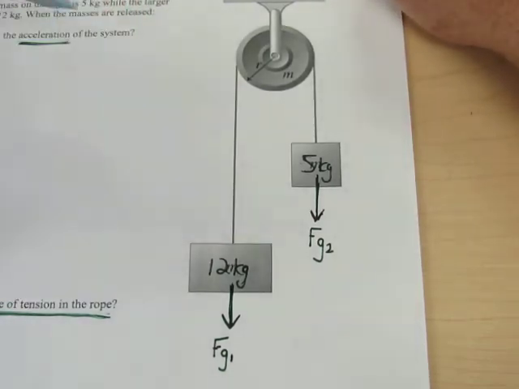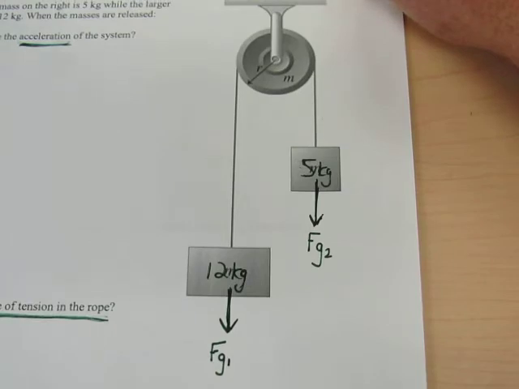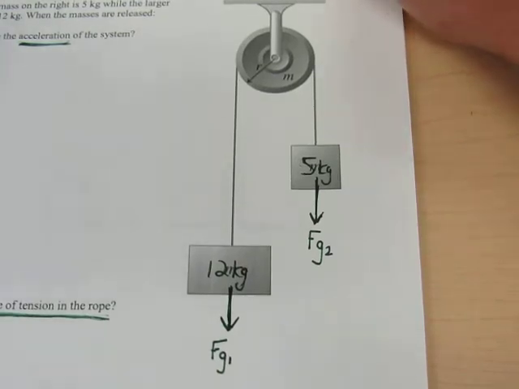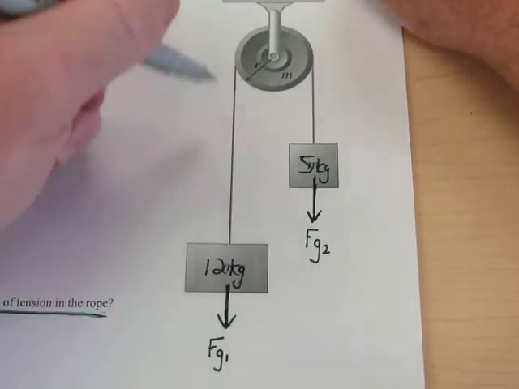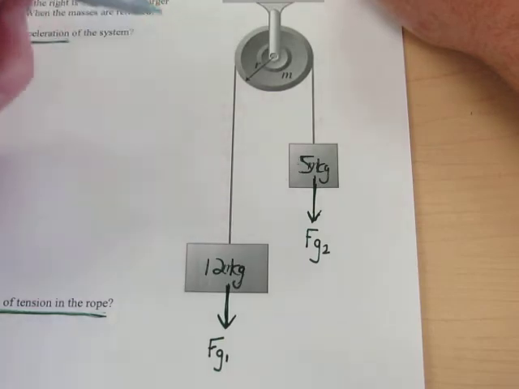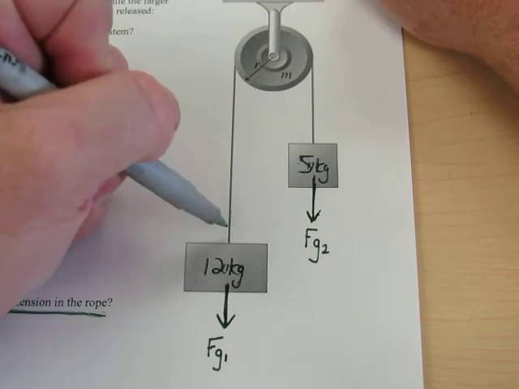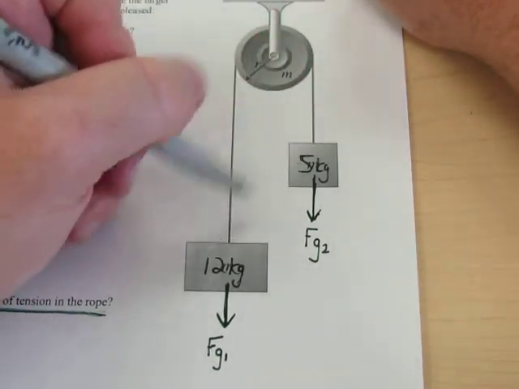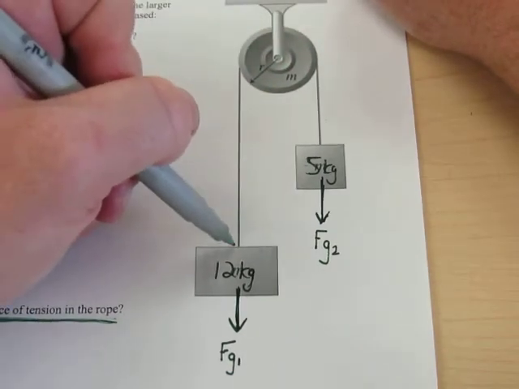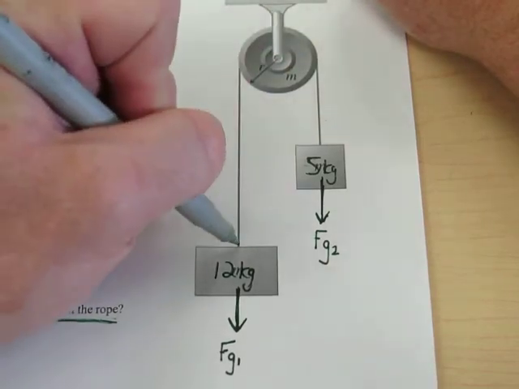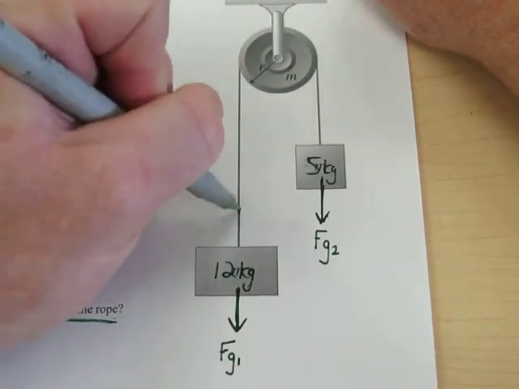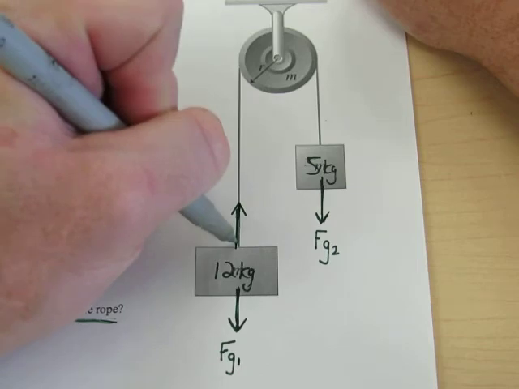You label that as what's called a force of tension. And don't worry, it's not a new kind of force that's got a new formula, etc. But you have to label the force of tension. And in high school, the cliche way of doing it is at both ends of the rope. So the far end on one side and the far end on the other side. You're going to label the force of tension, and it always faces back toward the pulley.